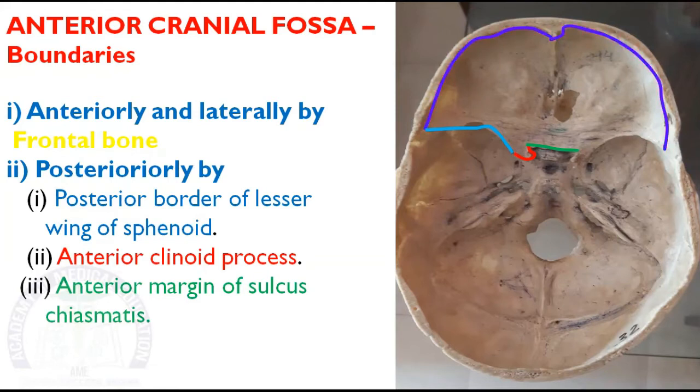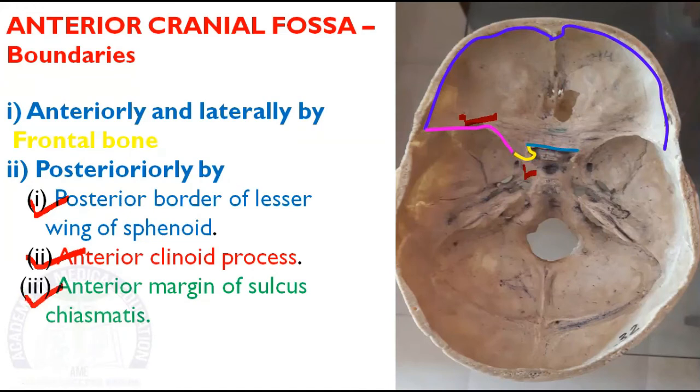Posteriorly it is bounded first by the posterior border of the lesser wing of the sphenoid bone. Then there are the anterior clinoid processes, the blinking line that you are seeing, and the anterior margin of the sulcus chiasmaticus.